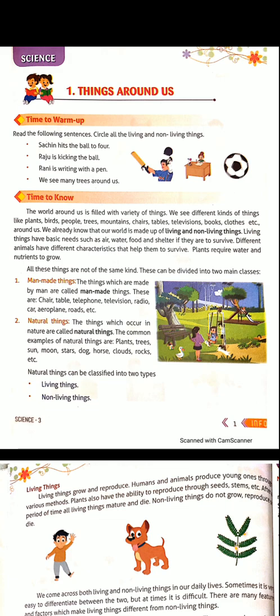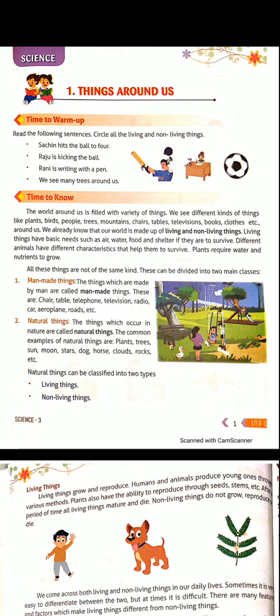Living things have basic needs such as air, water, food and shelter if they are to survive. Different animals have different characteristics that help them to survive. Plants require water and nutrients to grow. Okay, we have finished reading the first paragraph.